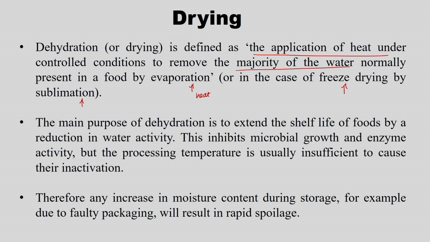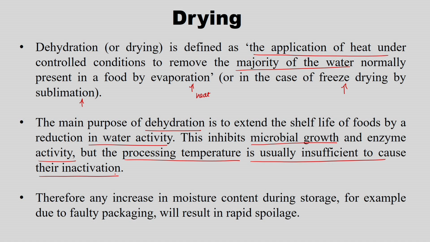The main purpose of dehydration or drying is to extend the shelf life of foods by reduction in water activity. So, we are doing water activity reduction, and it inhibits microbial growth and enzyme activity, but the processing temperature, whatever heat we apply, is usually insufficient to cause their inactivation.